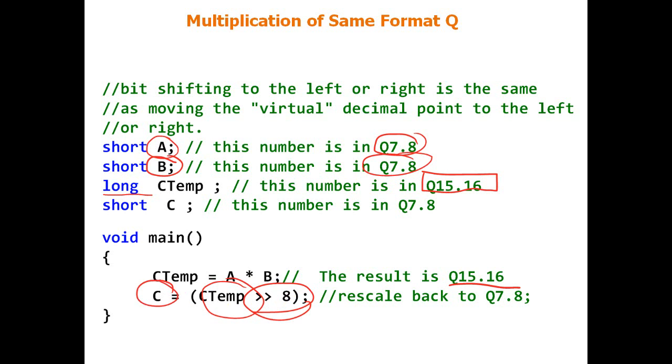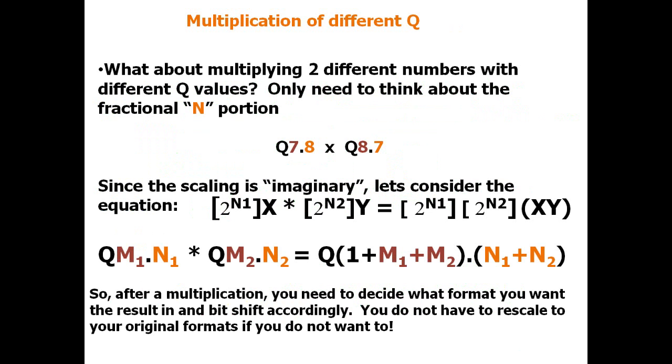Simple as that. All right, so what if we want to multiply numbers of different Q? The only thing we really need to start doing first is thinking about the n portion. That's where I like to start. So let's go back to our original distributive equation.